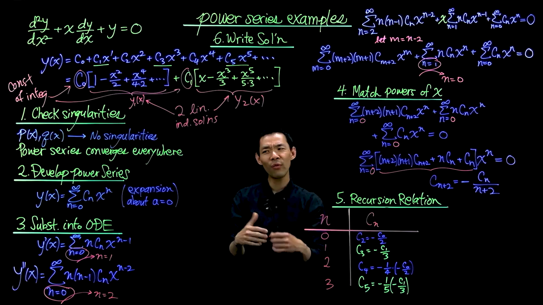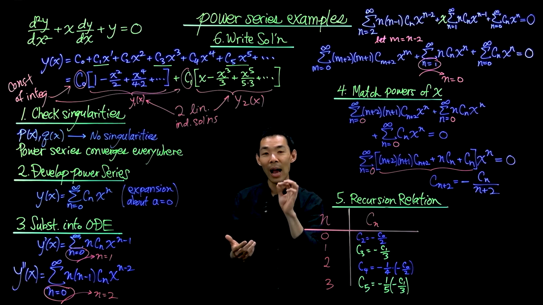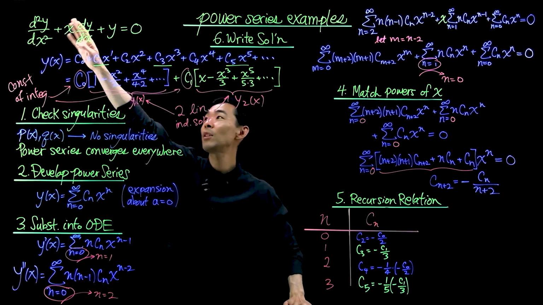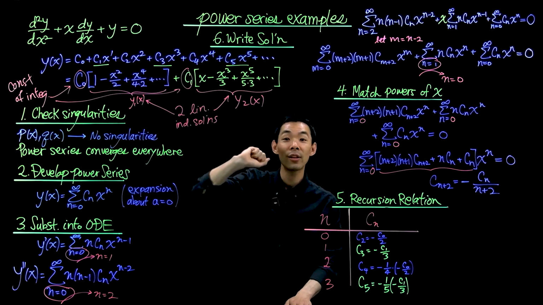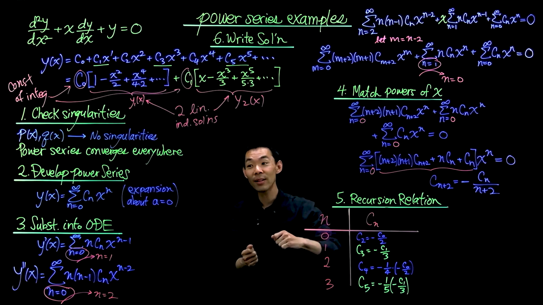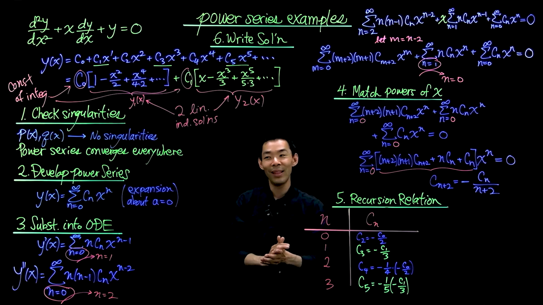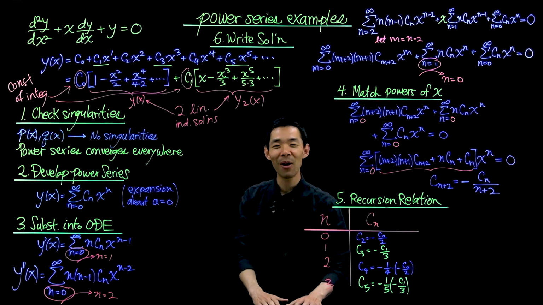But what if we want to find a power series about a singular point? Suppose in your differential equation, your P and Q coefficients had a singularity at x equals 0. In that case, you can't use this approach. You need to use something else called the Frobenius series, which is what we'll talk about next time.